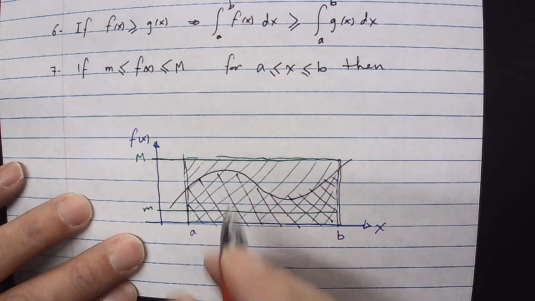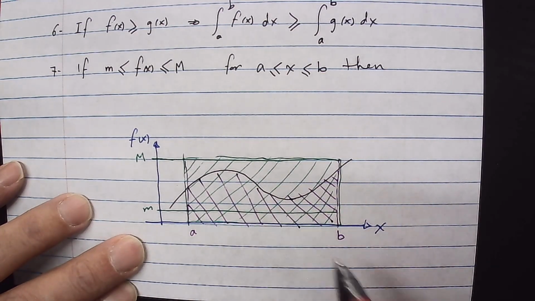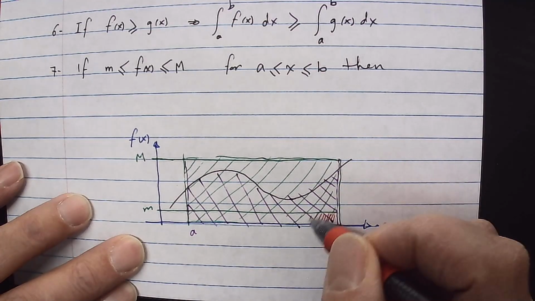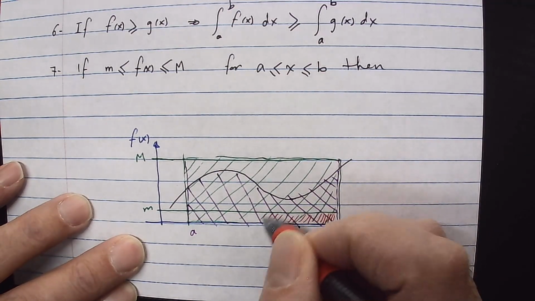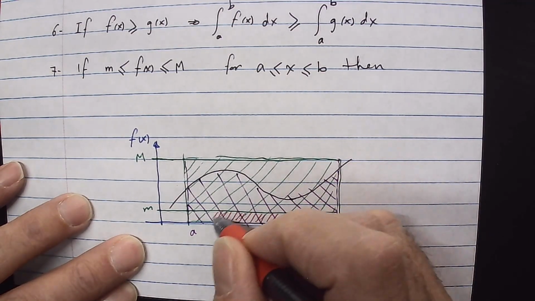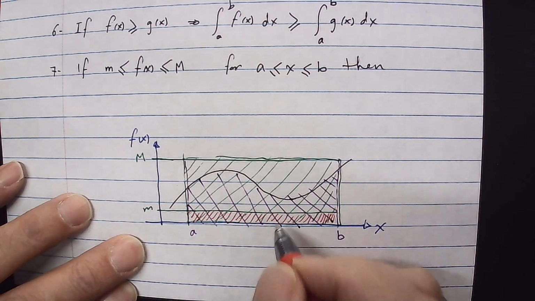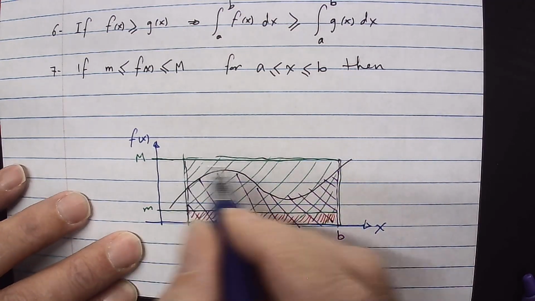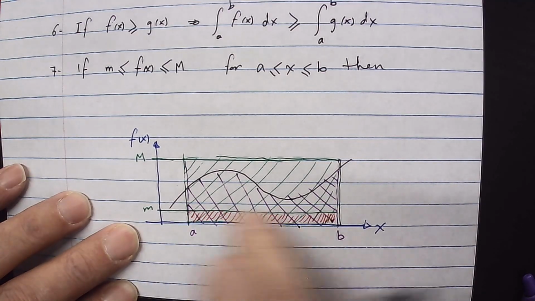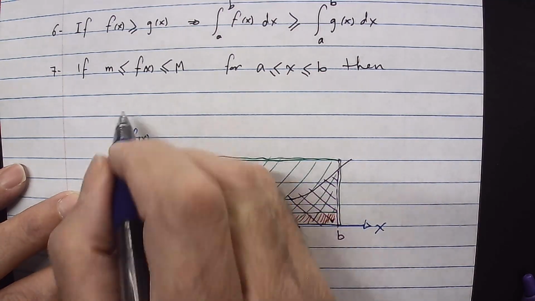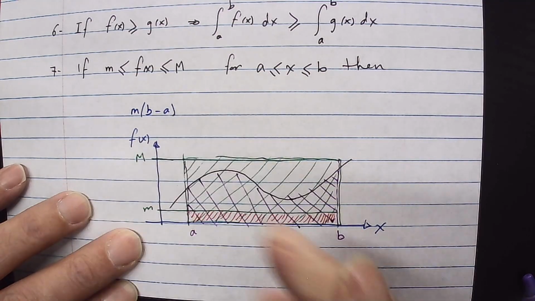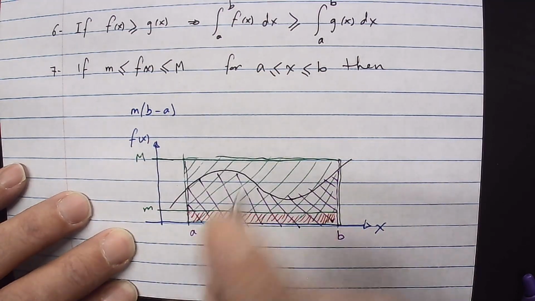and these two will both be greater than the area under this small m value. Therefore, we can express this as the area of the smallest slab here, which is small m times b minus a. B minus a is the width.